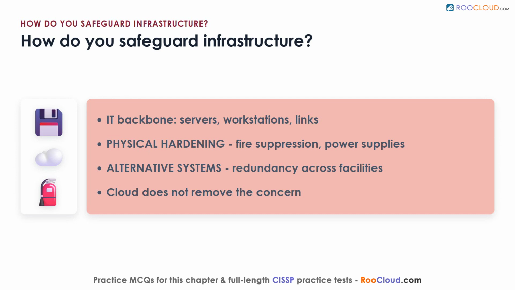Physically hardening systems means adding protective measures like clean fire suppression and uninterruptible power supplies. Alternative systems means building in redundancy, either duplicate components or fully redundant systems that run from different facilities. The same logic extends to power, transportation, water, and financial links.